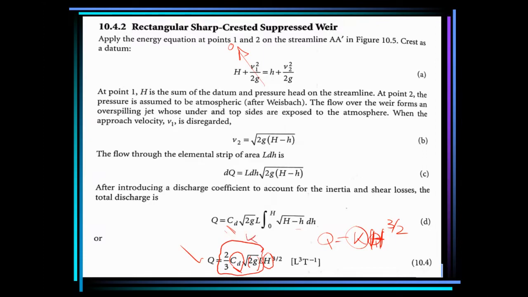All we need to do is go to the lab, vary the flow rate, and measure the head just upstream of the weir crest. If we do this, it will give us a straight line equation, where this is Q, this is H, and the slope will be equal to K. Since L is a constant, you can find Cd from this.